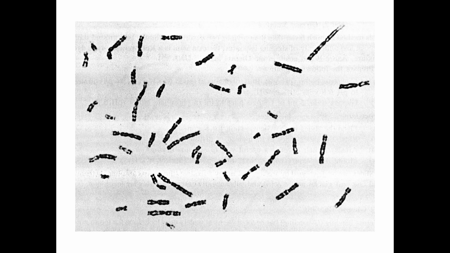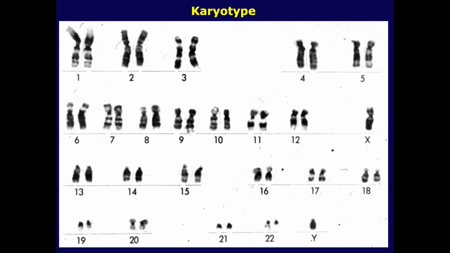So here's a chromosome spread from a normal cell or an almost normal cell. These chromosomes will then be lined up to see whether or not they're all normal. And the karyotype I'm showing here, the chromosome pattern, is an example where there's one chromosome translocation giving rise to the so-called Philadelphia chromosome, the tiny chromosome marked by the arrow in the bottom right.